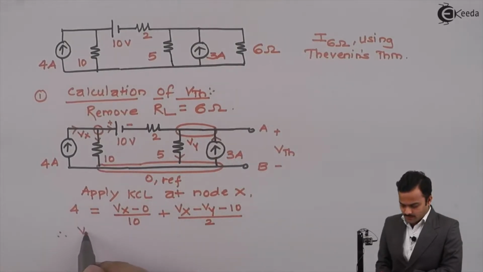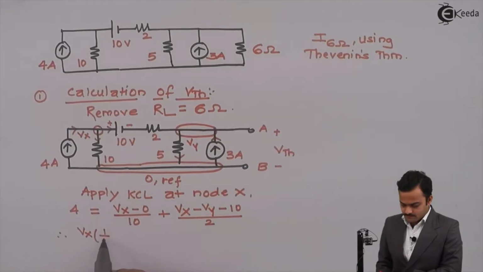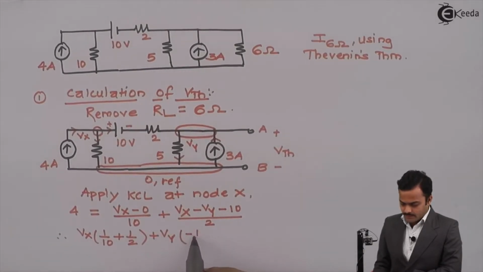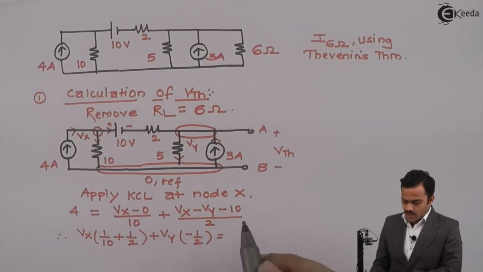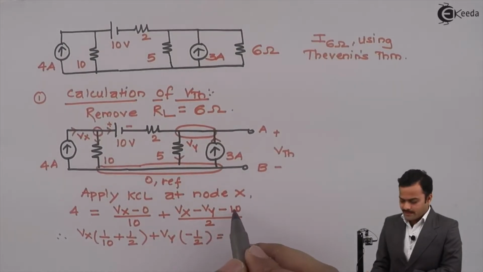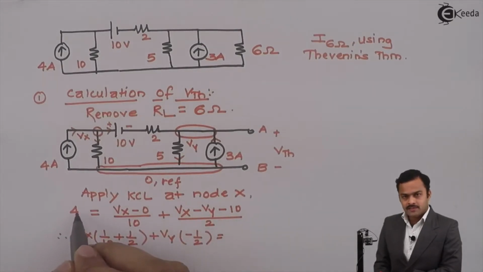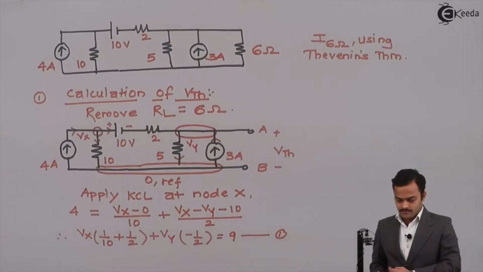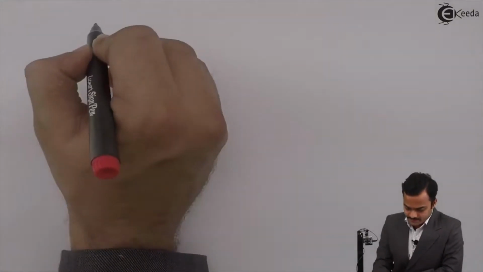I will get Vx times (1 by 10 plus 1 by 2), minus 1 by 2 Vy. I will take this constant, minus 10 by 2, which is minus 5, to this side, where it gets added with this 4 and becomes 9. Equation number 1.